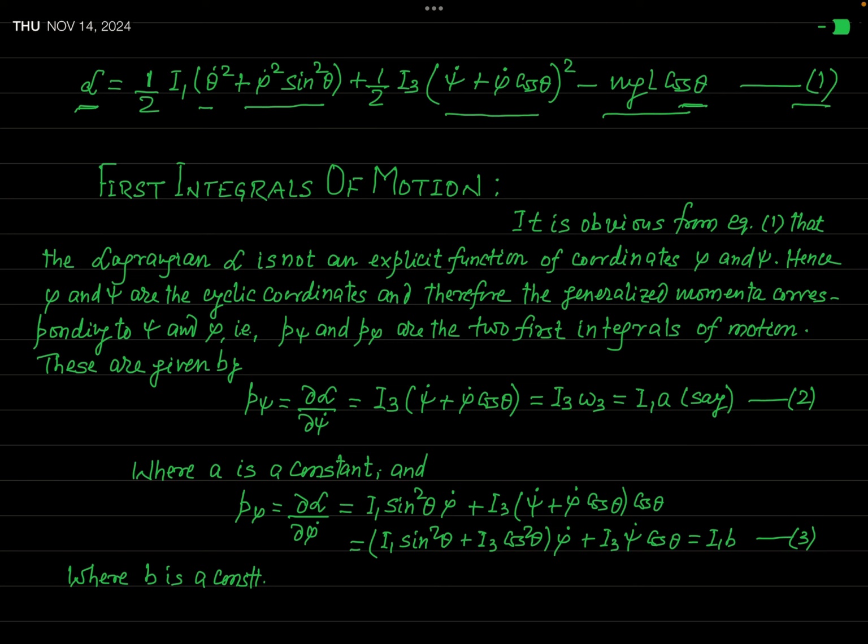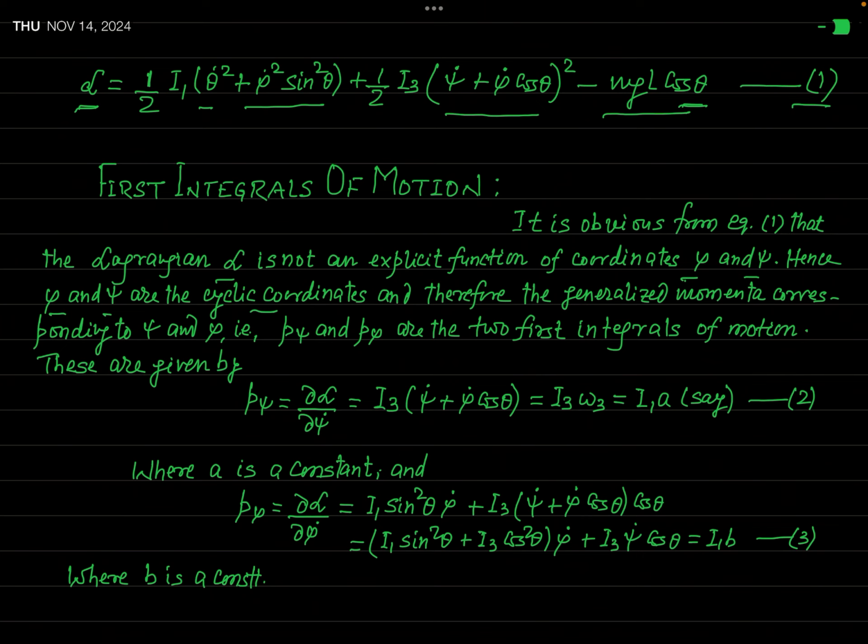or ignorable coordinates. So I have written here, you can see, it is obvious from this equation 1 that Lagrangian L is not an explicit function of the coordinates phi and psi, and hence phi and psi are the cyclic coordinates. Okay? And you know, if phi and psi are cyclic coordinates, then the momenta corresponding to the cyclic coordinates are constants of motion. Okay?